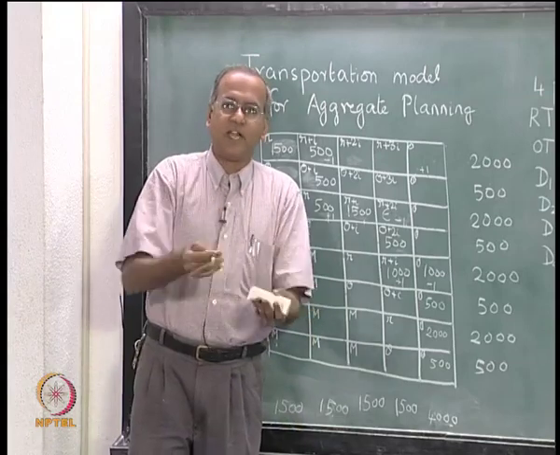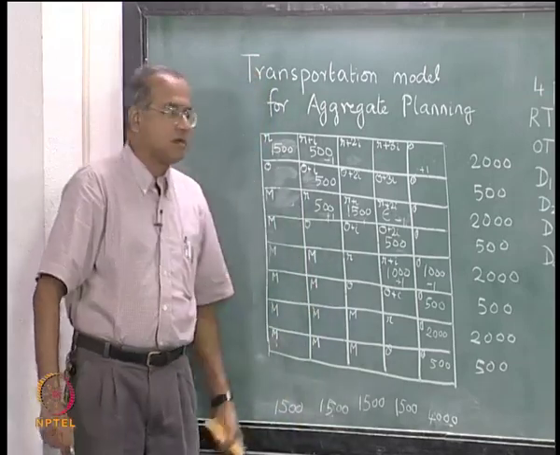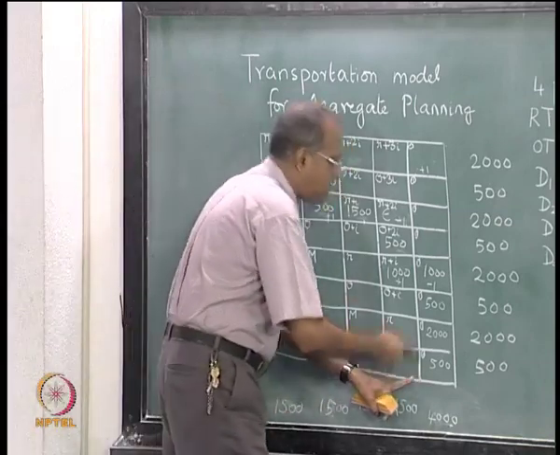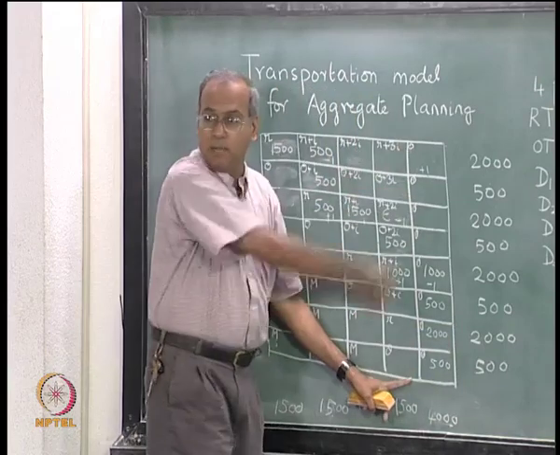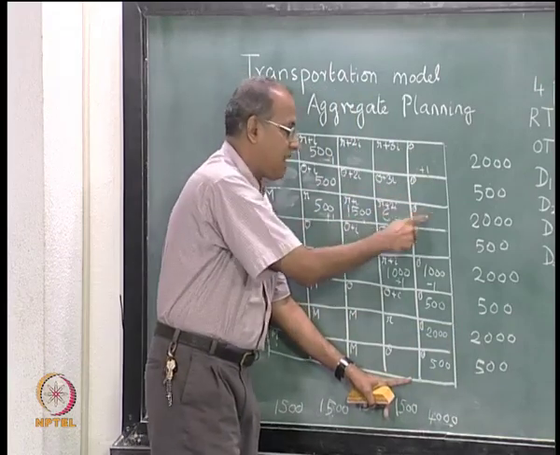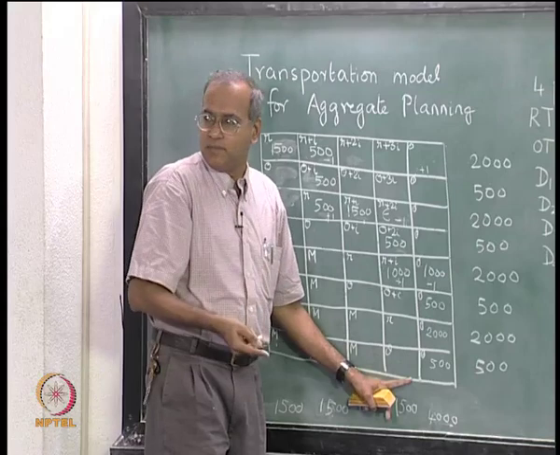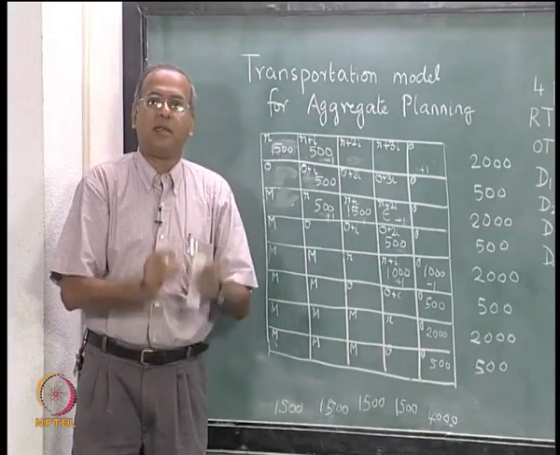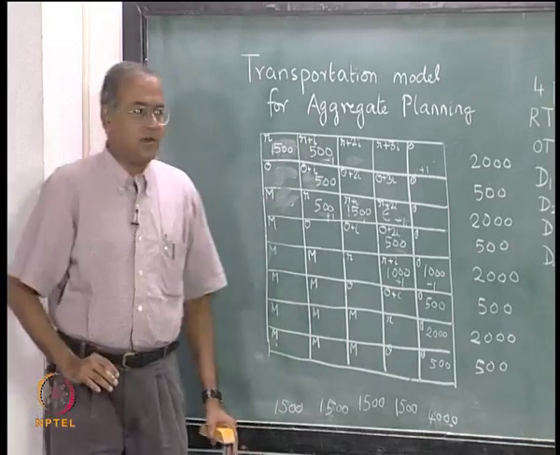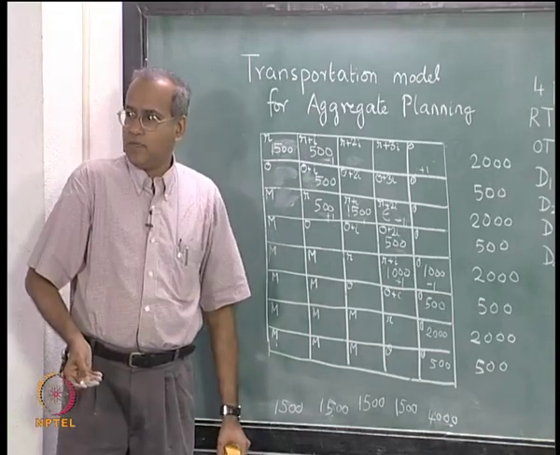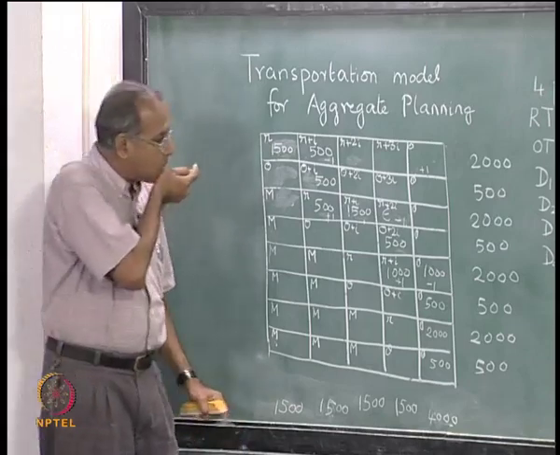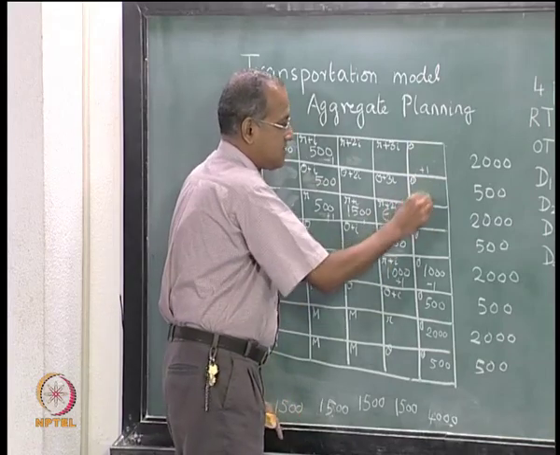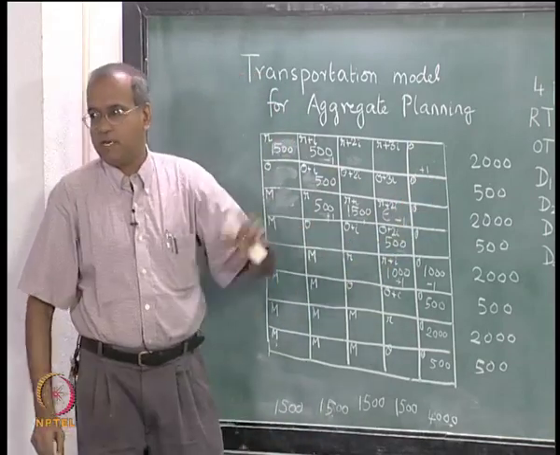So, the simplification is that if we apply the northwest corner rule and the stepping stone method, it is enough to consider only the vacant positions in the dummy and use them as candidates for improvement, because every non-basic, non-dummy allowable position is going to have a net equal to 0. So, it is enough to consider only this, this, this and this and proceed with the transportation.